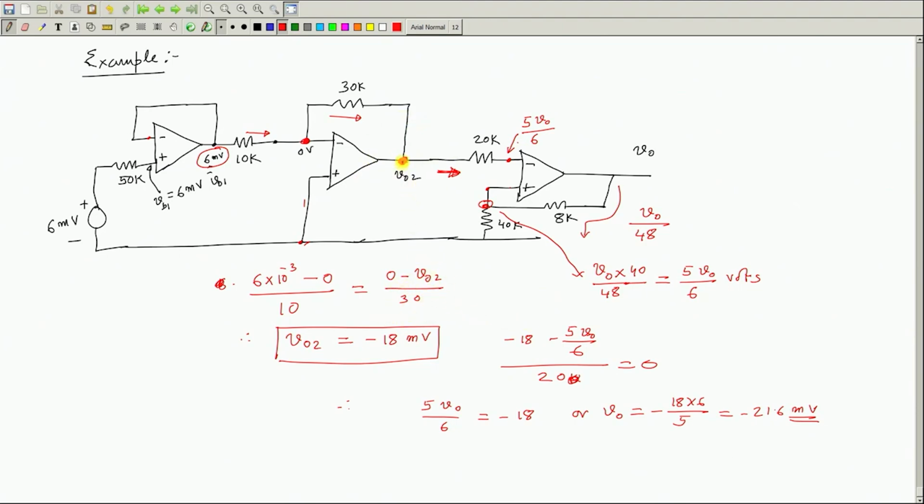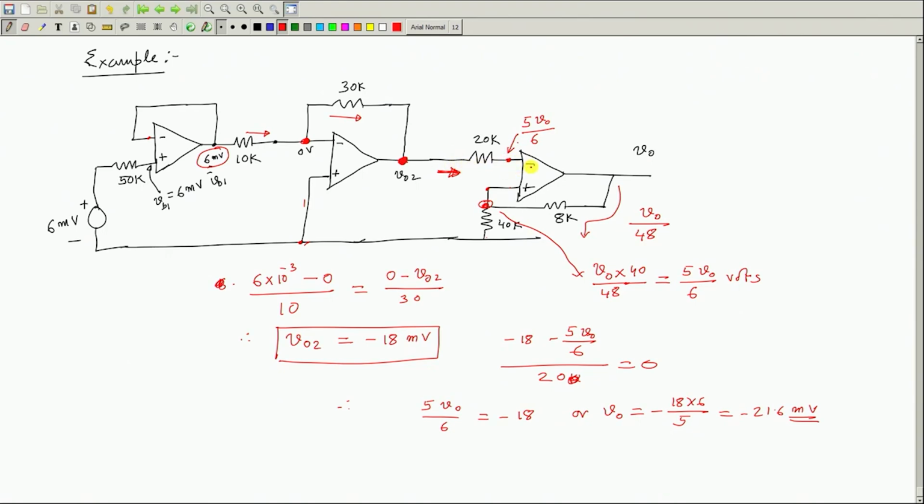So, from that I got the value of V naught 2 output, and once I get V naught 2 here, look at this third op amp, it is V naught, there will be no current. So, V naught by 48 into 40, that will decide this potential, that potential you bring it here, but this op amp should not draw any current.